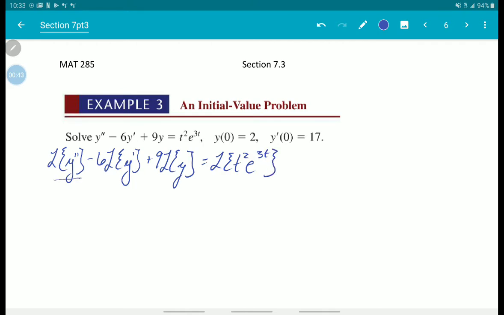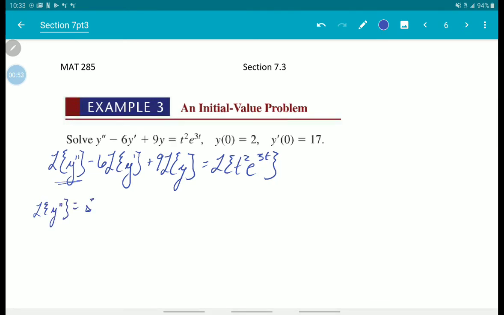Remember, this came from a theorem from the last section. When we take the Laplace of y double prime, that's going to be s squared y of s minus s times y of 0, or we could say f of 0, either one, minus s to the 0 y prime of 0.